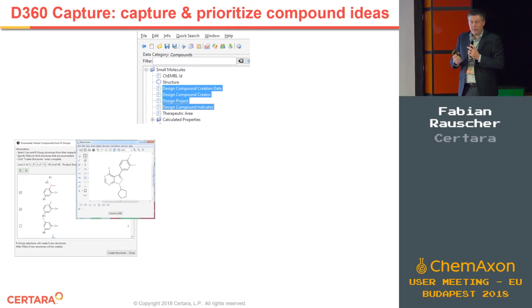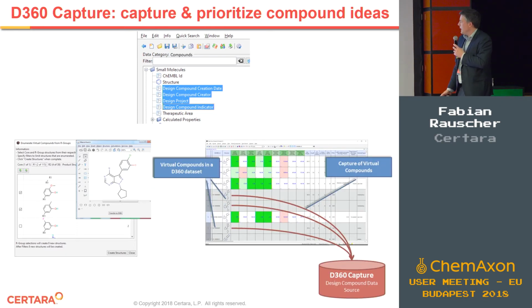However, small organizations might not have yet taken that step and have a full design capturing tool. So we created a capability in D360 to create virtual compounds and capture those into a separate data source.